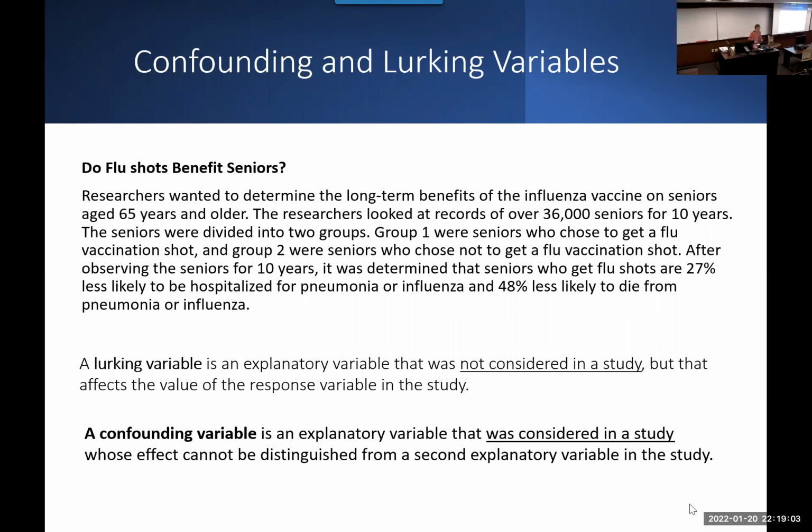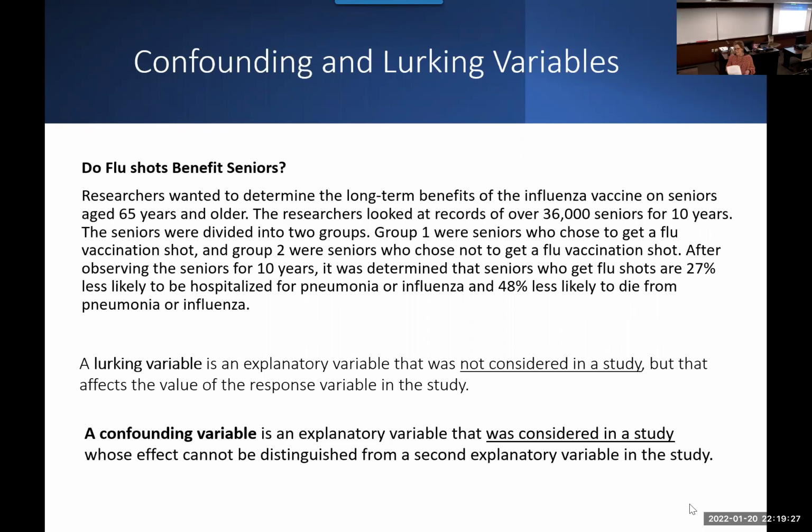Now, an example of a confounding variable. There was a study that I read in the textbook, where a teacher wanted to know whether online assignments versus traditional textbook assignments were better. She's trying to determine that through the study. And so she had two classes that she wanted to compare.